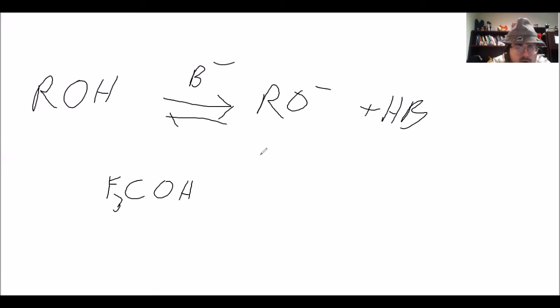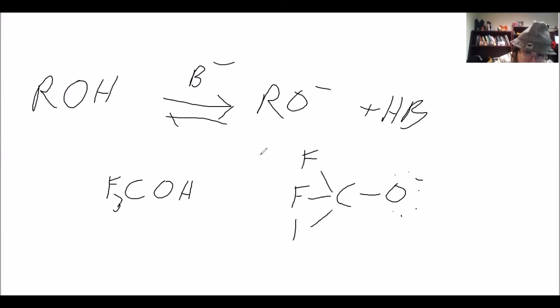A weaker base could pull that away, because what happens? You have that carbon, you have the oxygen with the lone pairs, and you have the F's pulling electron density away, so it's going to stabilize that.